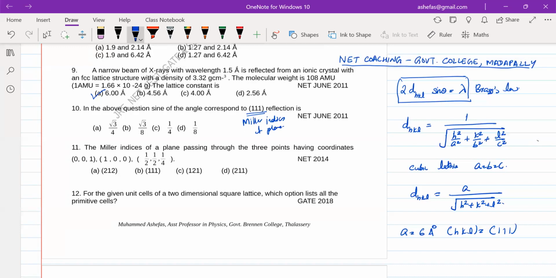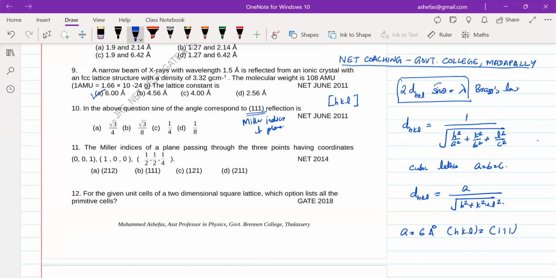Similarly, there are Miller indices for a line, and usually the Miller indices for a line are written inside square brackets. But this is a normal bracket, so it represents the Miller indices of a plane. The hkl values of this plane are already given, which is 111, and a is also found.